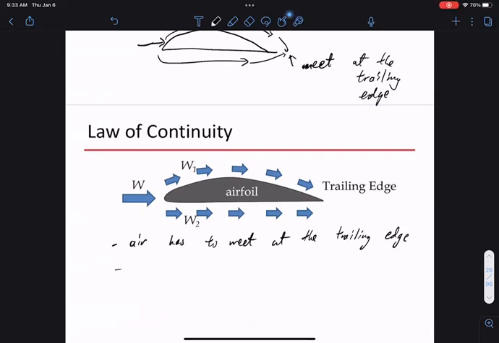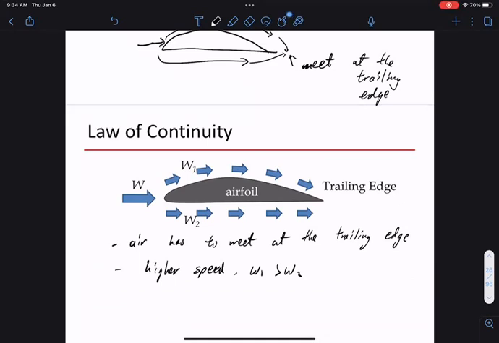So W1 is high because it has to travel over a longer distance and meet with the bottom one, so the air on top has to move at a faster speed than the air on the bottom.